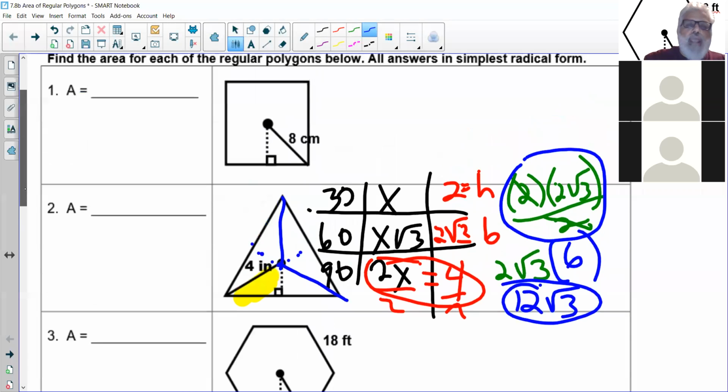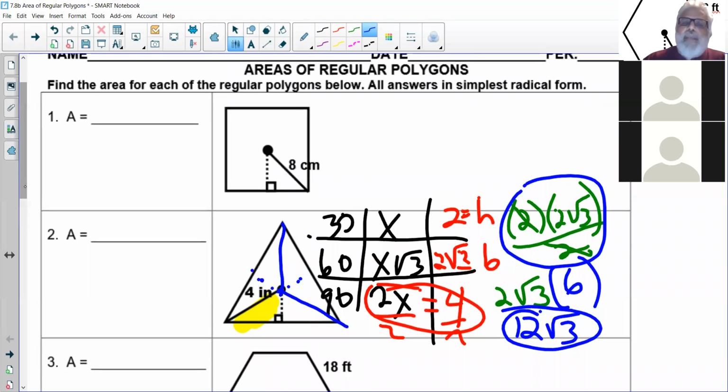Now, if I look at the square, that's not going to be a 30, 60, 90. What do you think it is? 45, 45, 90. Yep.